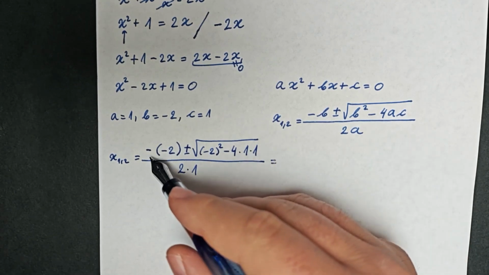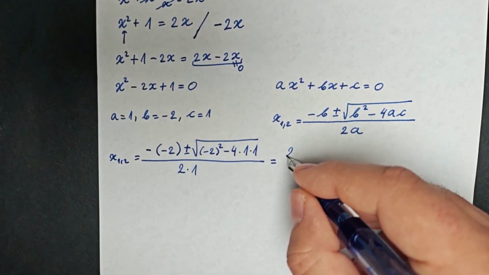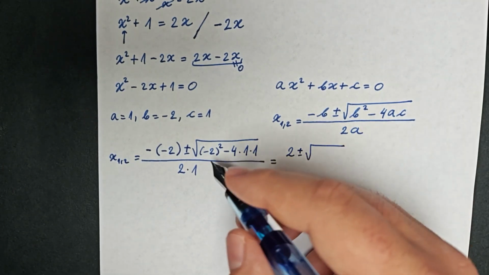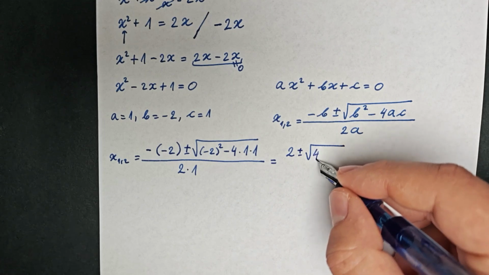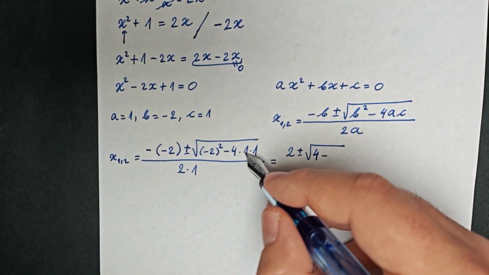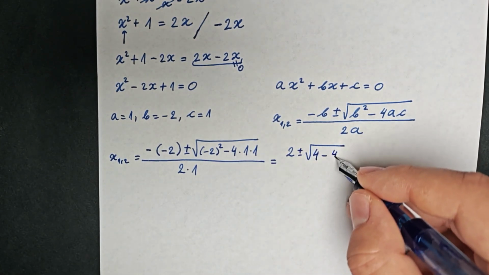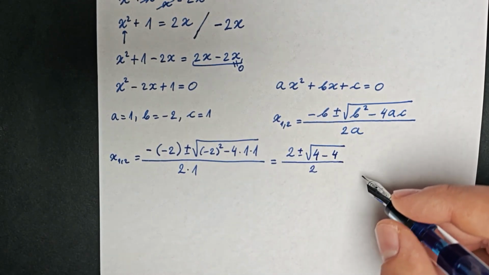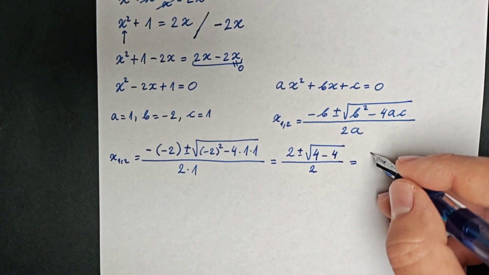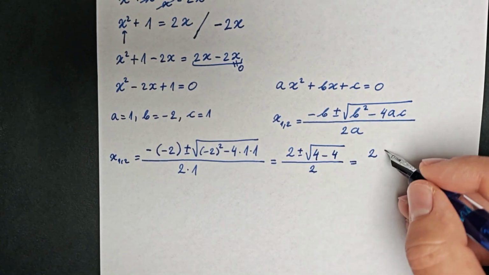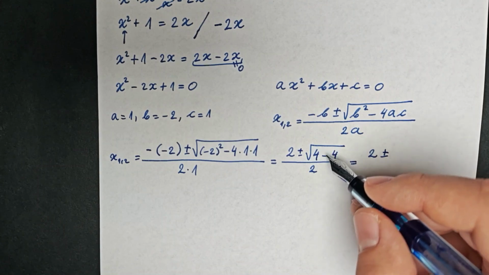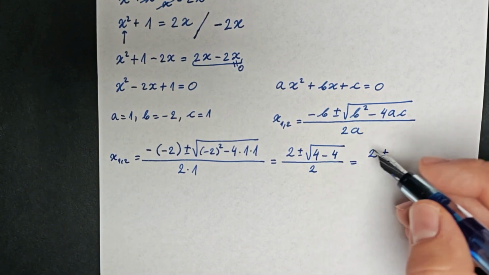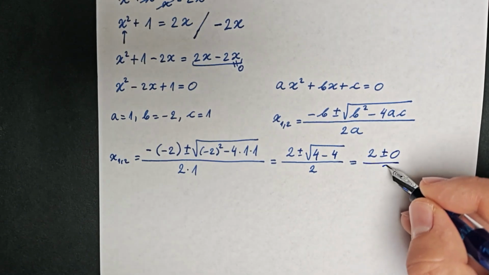This is equal to minus minus, they are going to cancel out, so we have 2, and plus or minus the square root, negative 2 squared is 4, minus 4 multiplied by 1 is only 4. Divided by 2 multiplied by 1 is 2. So this is equal to 2 plus or minus square root of 4 minus 4, which is equal to 0. Square root of 0 is 0, divided by 2.